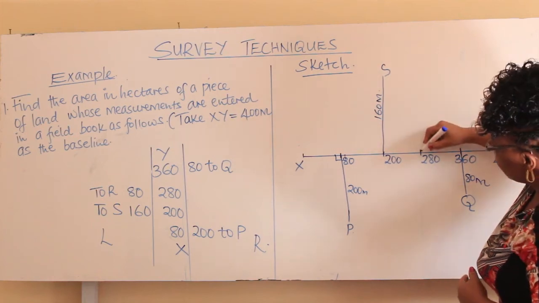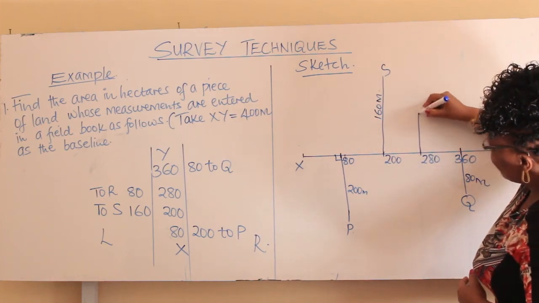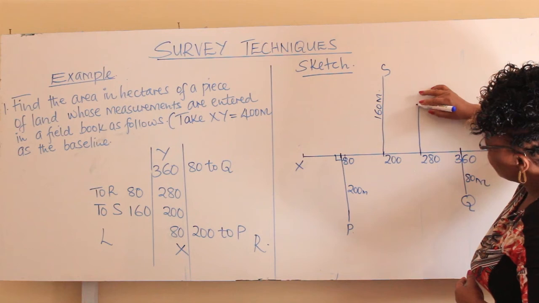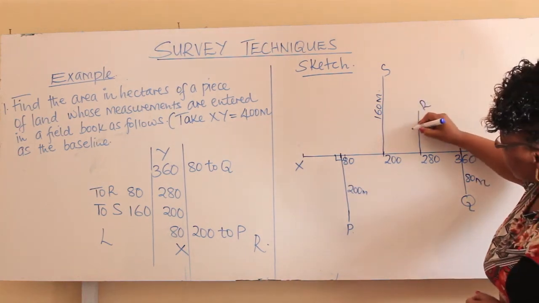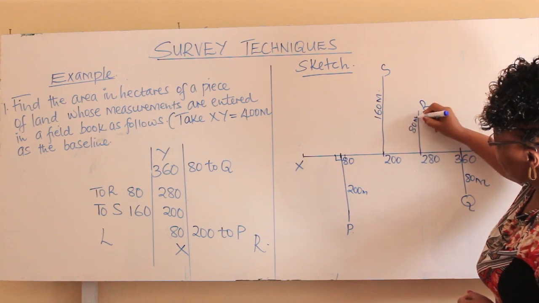It's like half of this. An offset to R, and you write 80 meters.